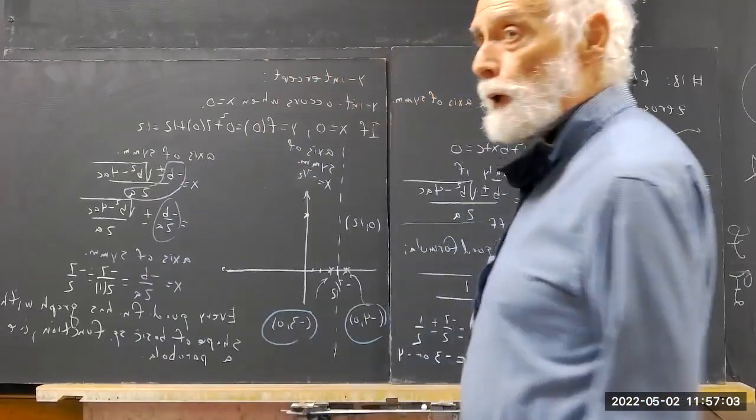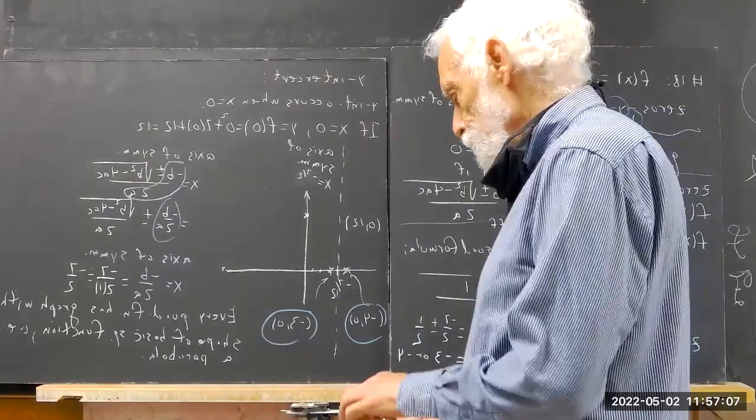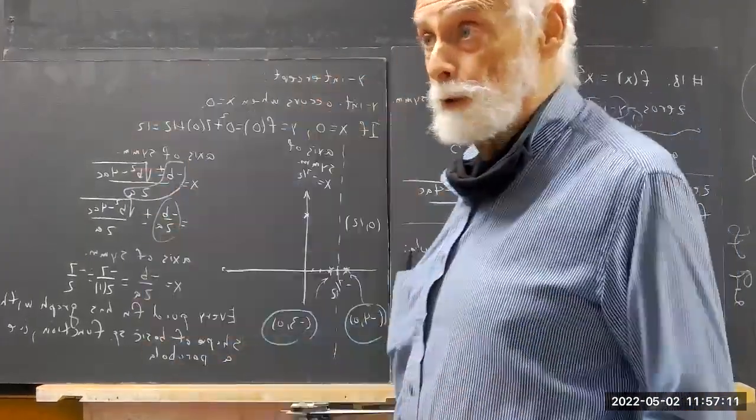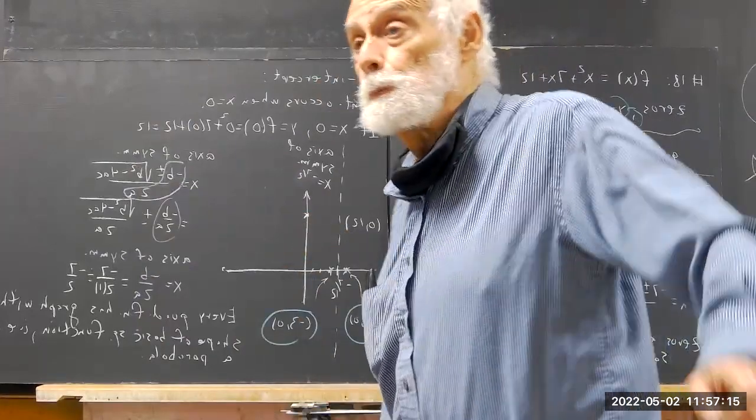Now take a minute, because this is worth it. We got 3 points on the graph of this thing, and it's got a parabolic shape. Sketch that for me, and sketch the parabola.